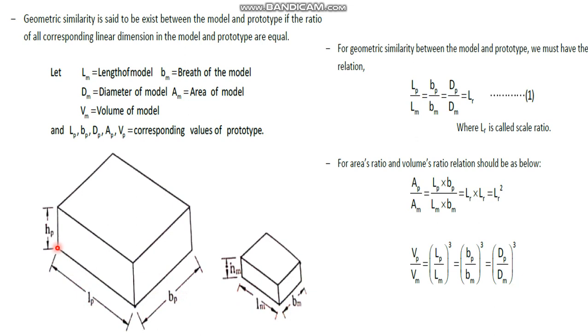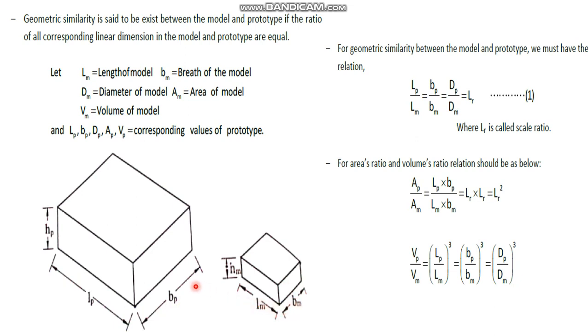For example, this is the prototype and this is the model. LP is the linear dimension of the prototype. The corresponding linear dimension of the model is LM. In the same manner, the breadth of the prototype is, let us say, BP, and the corresponding dimension in the model is BM.